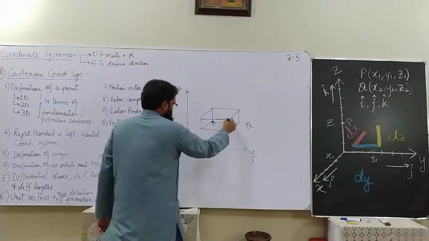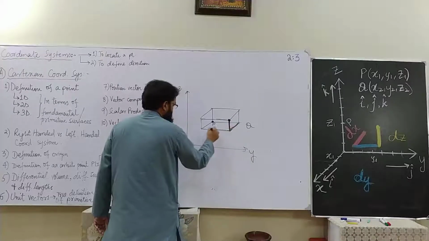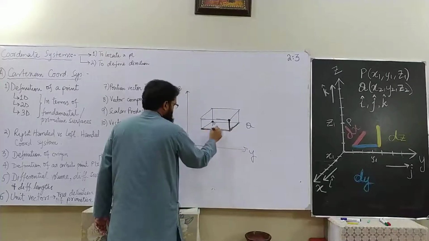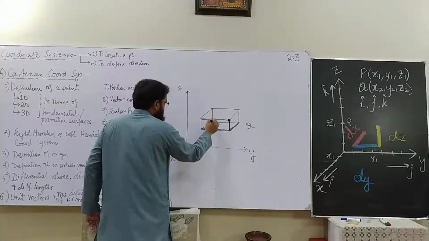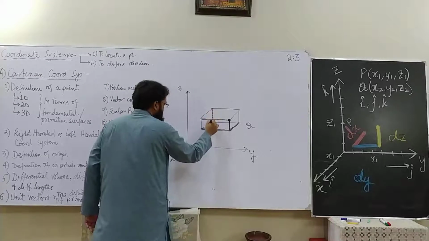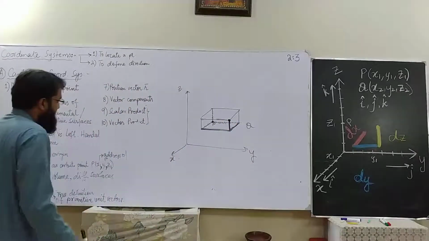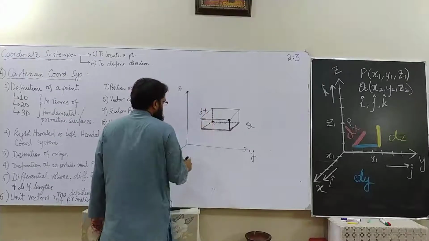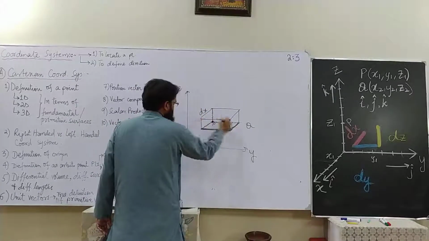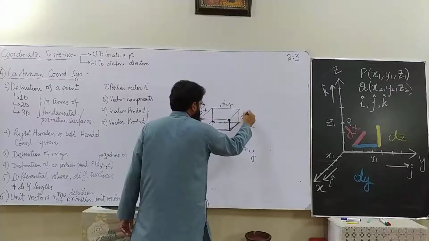Okay, so this point, let me just embolden it to give you an idea, and this point is at the back. Okay, so we said that this width is dx, the depth is dx, and the width is dy, and the height is dz.